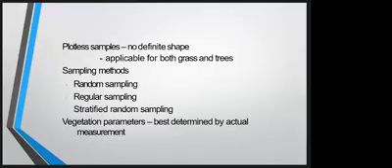So again, for plotless samples, there is no definite shape. Basically, if you look for random trees in the forest, let's say you have chosen the biggest trees, all you have to determine is the quadrat. Since a quadrat is north, south, east, west, you have 4 plots.